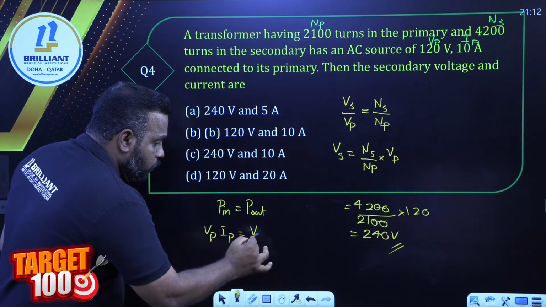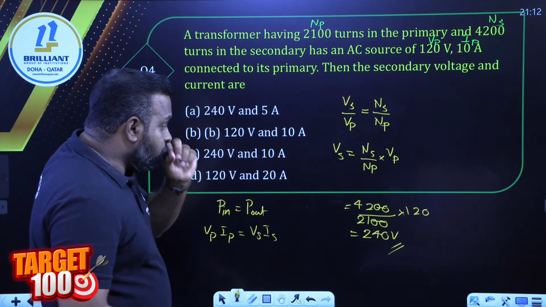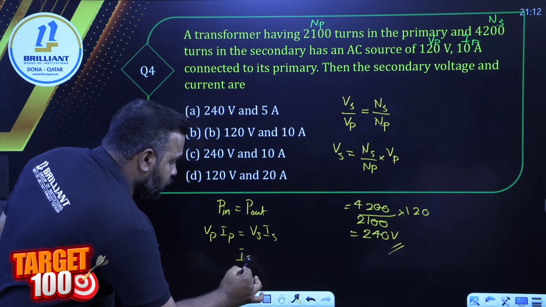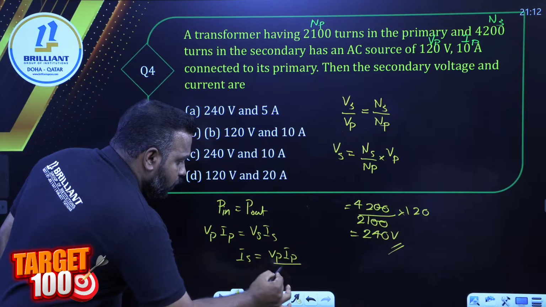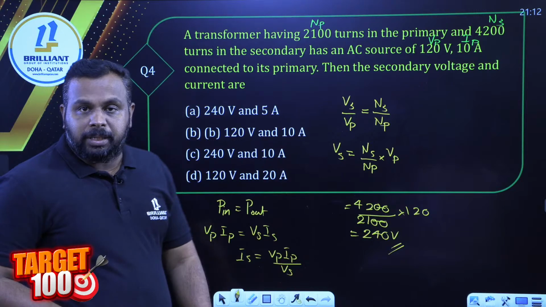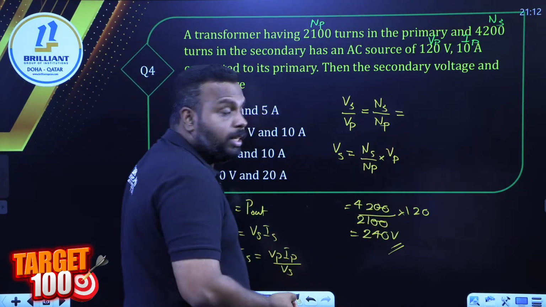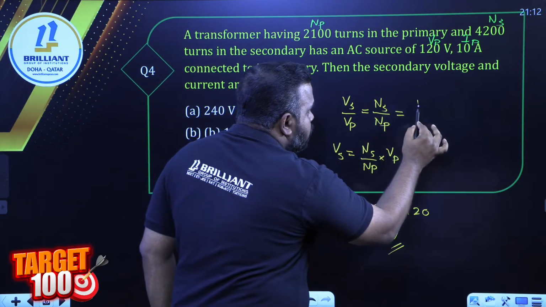P out is what? Vs Is. Okay, so we have to find Is value, secondary current. So from this what you can write? Is is equal to Vp Ip by Vs. One method. Or directly you can write, if efficiency is 100%, the same transformer ratio you can equate with Ip by Is.